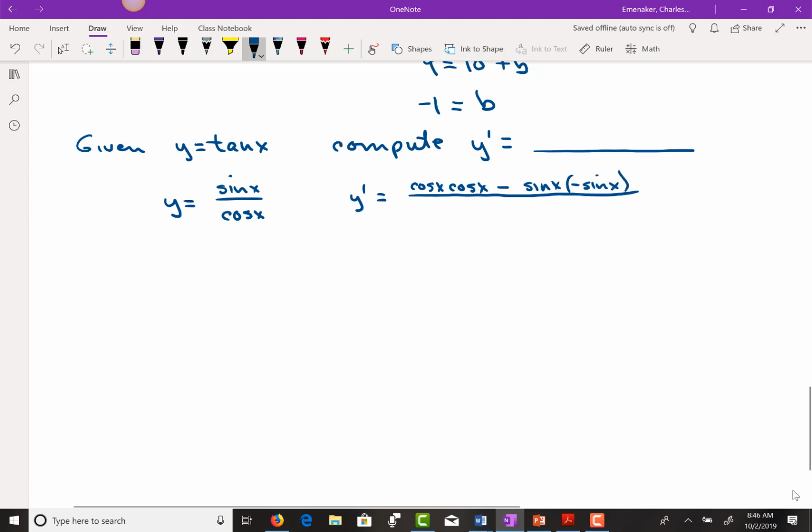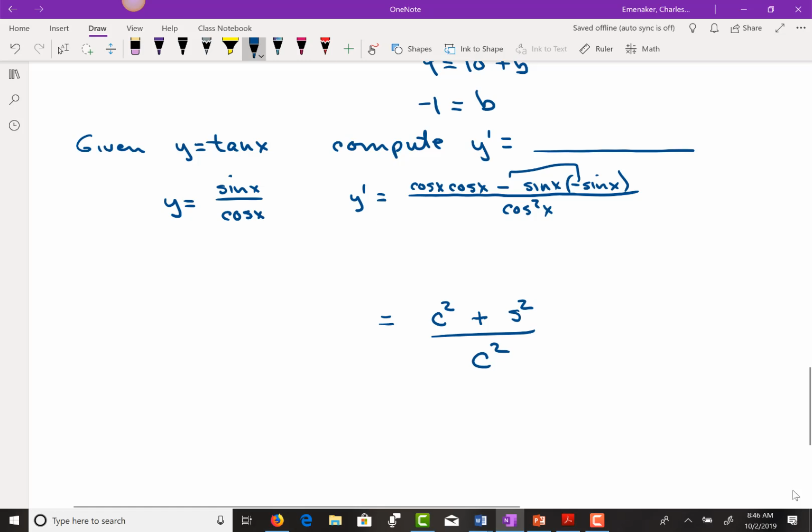That's the biggest problem people run into, over whatever's in the denominator squared. Does that look familiar? You're almost done at this point. You have cosine squared plus sine squared. Where'd that plus come from? Negative times negative, over cosine squared. Is everyone okay with that shorthand notation I'm using there?